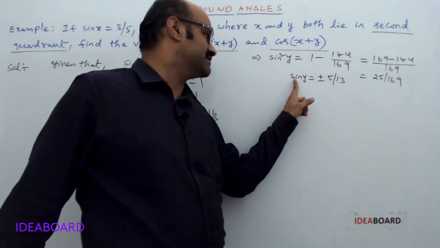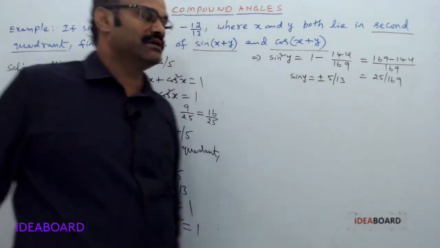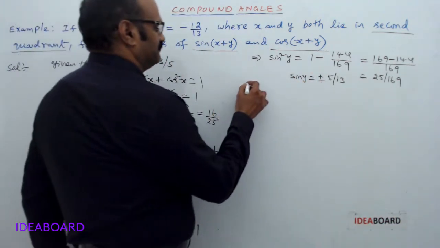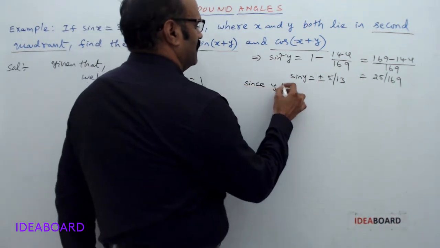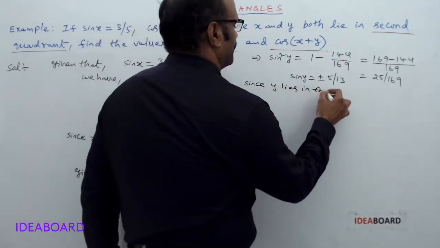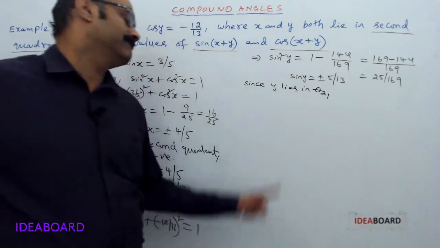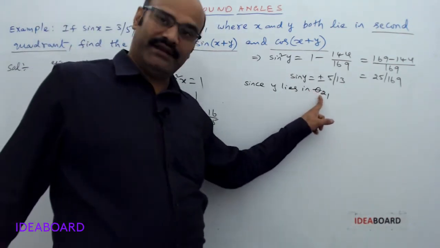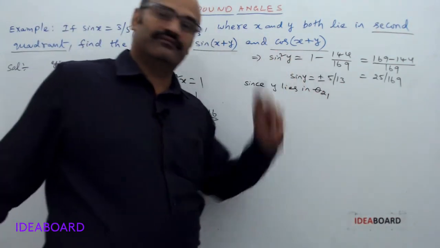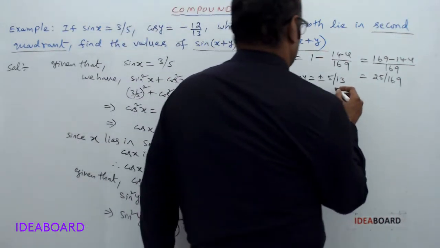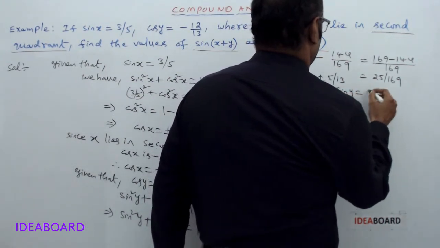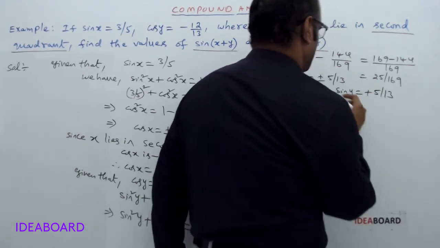So here we have to take sin y is positive. Sin y equal to plus 5 by 13.